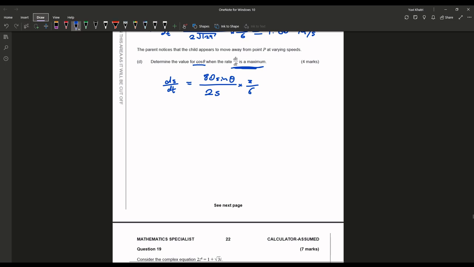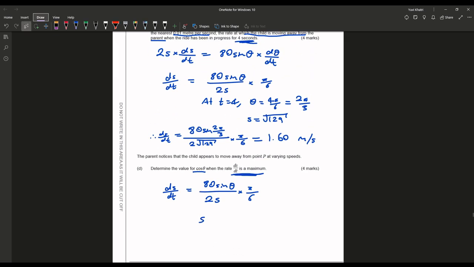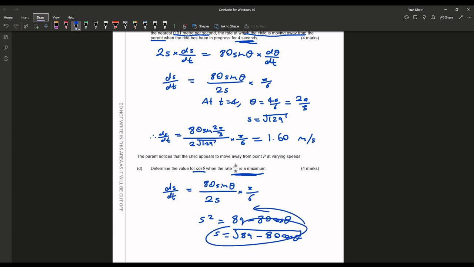Now, let's substitute. So we know that s squared equals 89 take 80 cos theta. So that means that s equals the square root of that, right? So let's substitute this into here.